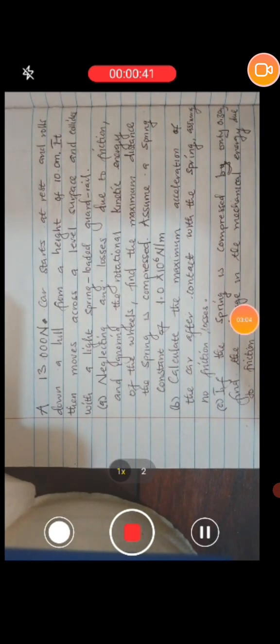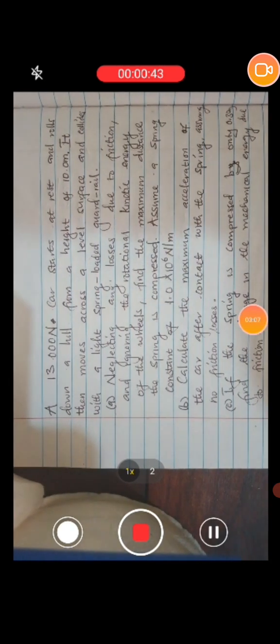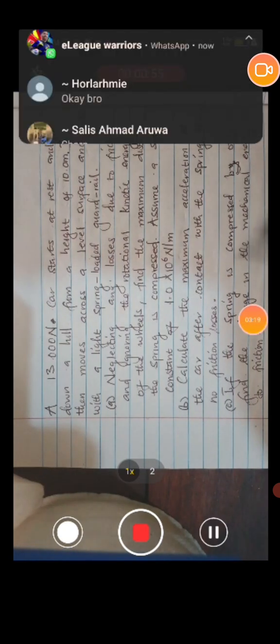So first, A, neglecting any losses due to friction and ignoring the rotational kinetic energy of the wheels, find the maximum distance the spring is compressed. Assume a spring constant of 1.0 times 10 to the power 6 newtons per meter. Then B, calculate the maximum acceleration of the car after contact with the spring, assuming no friction losses.